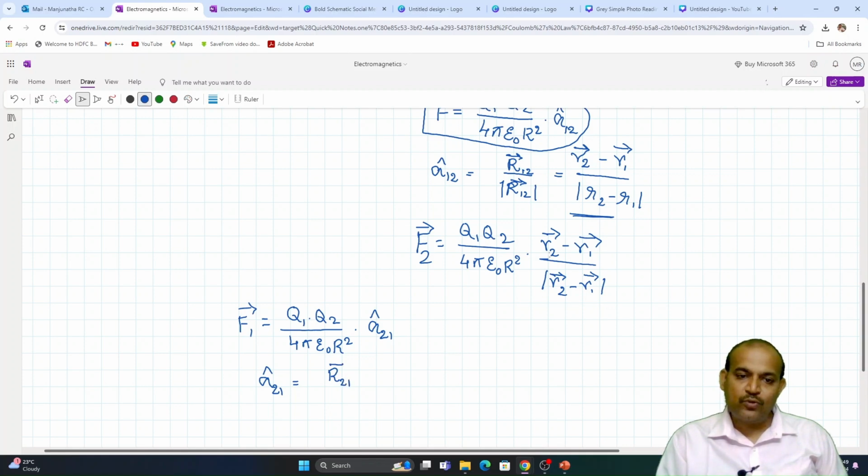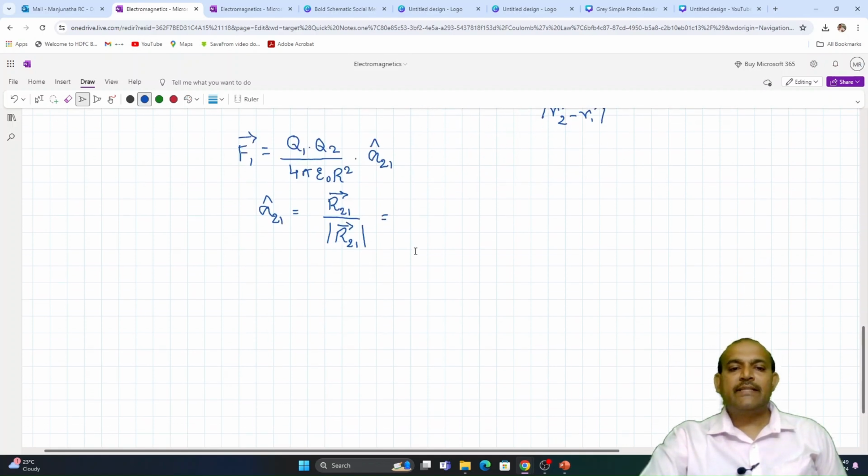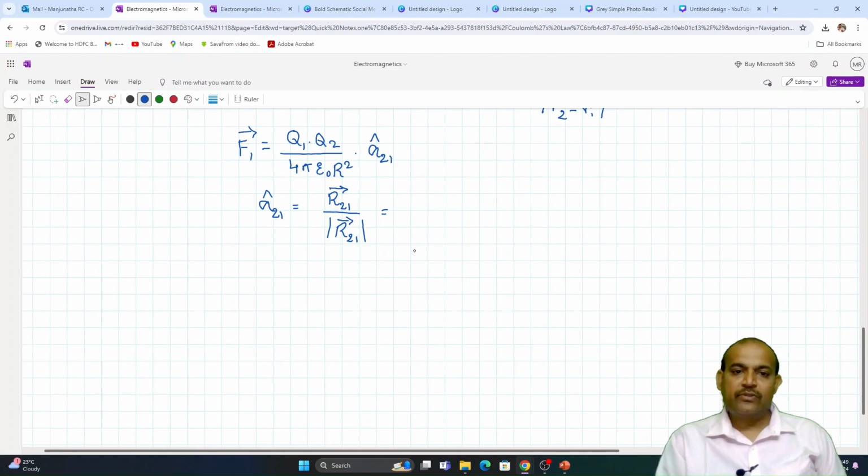So vector 2 to 1 divided by the magnitude of that vector. Since we are observing from the observation point, instead of r2 minus r1, it is r1 minus r2. So vector r1 minus vector r2 divided by the magnitude of r1 minus r2.